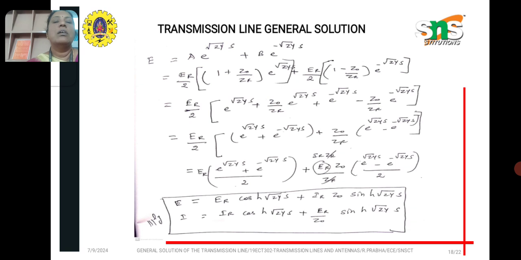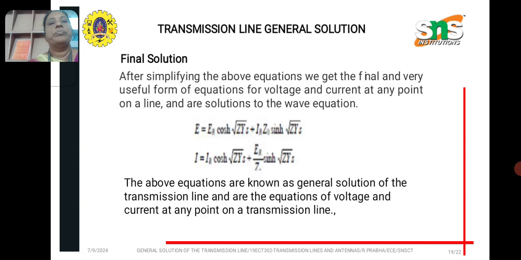The voltage equation is E is equal to ER into cosh root of ZY into S plus IR into Z0 sinh root ZY into S. And the current is I is equal to IR into cosh root of ZY into S plus ER by Z0 sinh root of ZY into S. These two forms of voltage and current equations are called the transmission line general solutions.